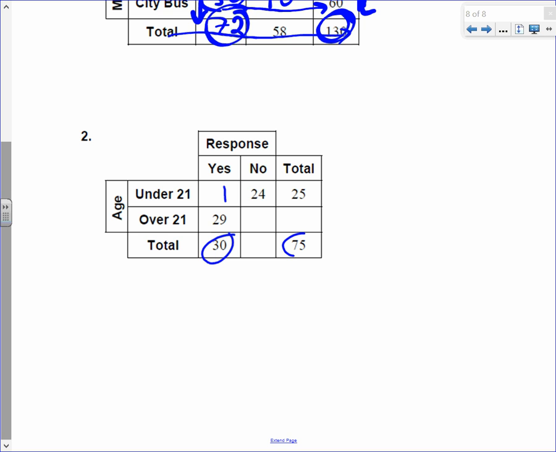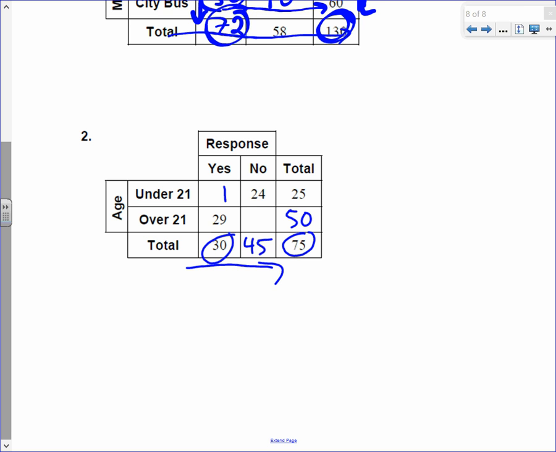We have the total here. We know these two have to add to be 75, so 75 minus 30 is going to be 45. Cool. So far, so good. Right, Ramirez? No phones out right now? 25 plus something has to equal 75, so 75 minus 25 is going to be 50.